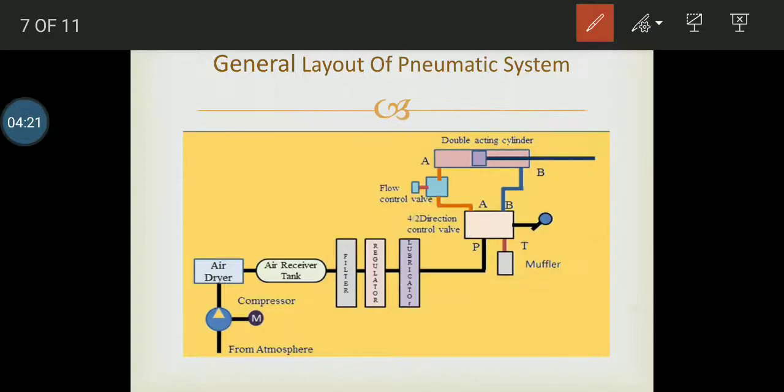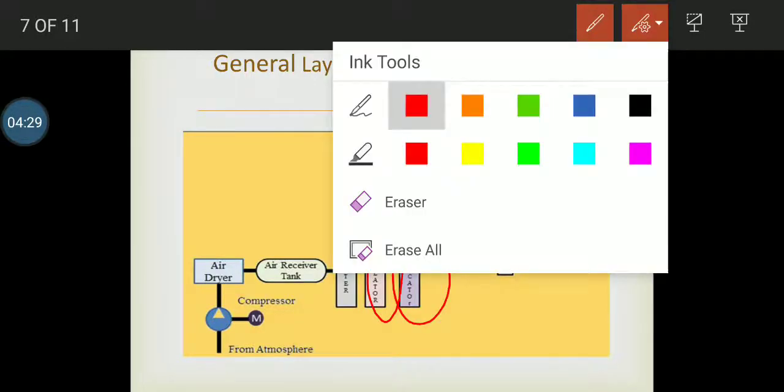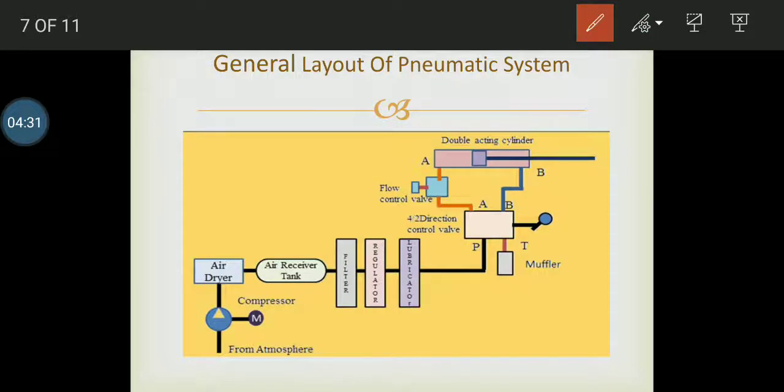In this process we filter the pressurized air, followed by the regulator, then the lubricator. All these components we are going to study in later sections. The filter, regulator and lubricator together are known as FRL.